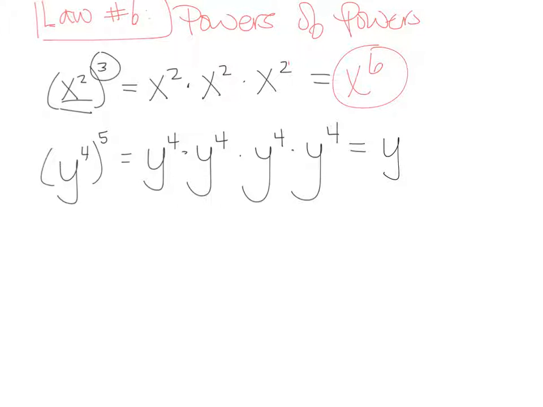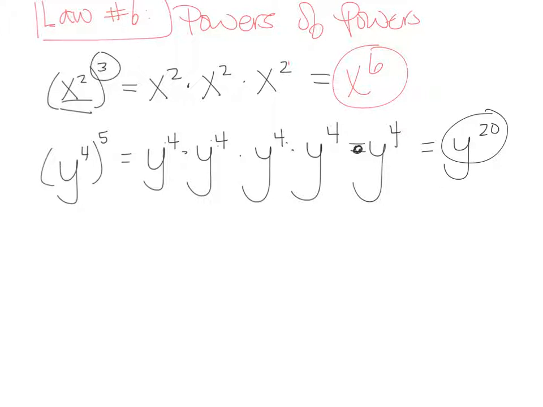So 4 plus 4 is 8. 8 plus 4 is... Oh wait, I only have 4 of them. Sorry, I messed up. Let's put another times y to the 4th. 1, 2, 3, 4, 5. There we go. Now I'm going to add them up. 4 plus 4 is 8. 8 plus 4 is 12. 12 plus 4 is 16. 16 plus 4 is 20. So I have y to the 20th power.